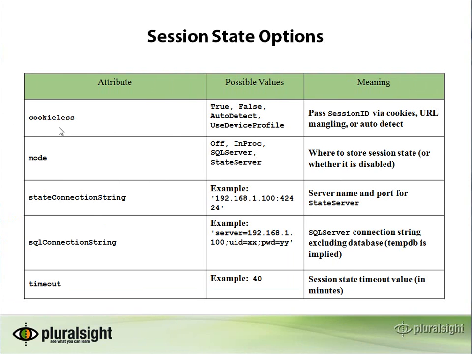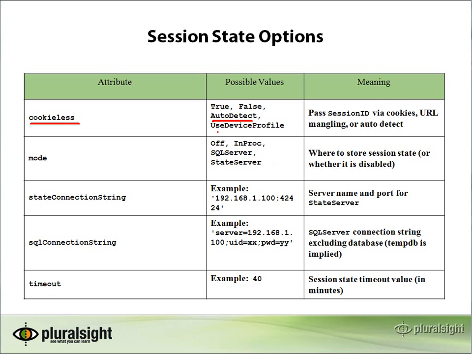Here's the cookieless mode that I was describing before. You can set this either explicitly to true, which means you don't want to use cookies at all, you just want to use the URL mangling, or you can set it to this newer feature called auto detect, which will attempt to determine whether the client has cookies enabled or not before deciding which mechanism to use to store the key.